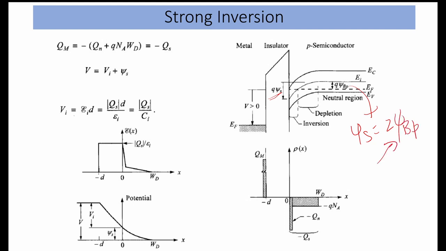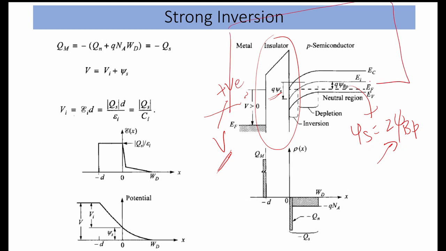Whatever positive voltage we are applying here, equal to V, where is it dropping?